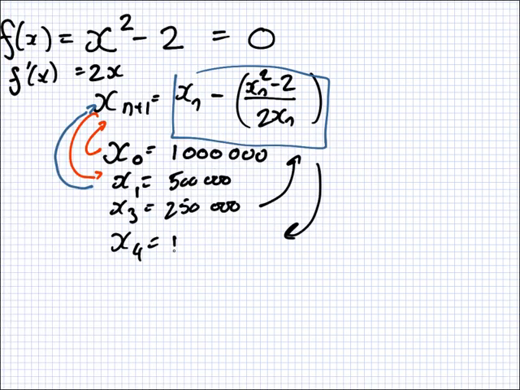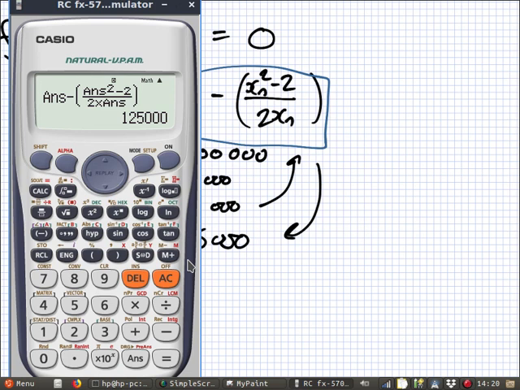Okay. Looking good. We're getting quickly to the answer. Well, let's see. That's number 4. 5, 6, 7, 8, 9, 10, 11, 12, 13, 14, 15, 16, 17, 18, 19, 20, 21, 22, 23, looking good. 24, 25.